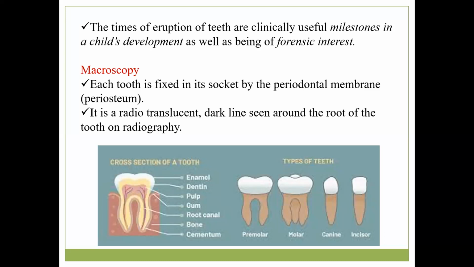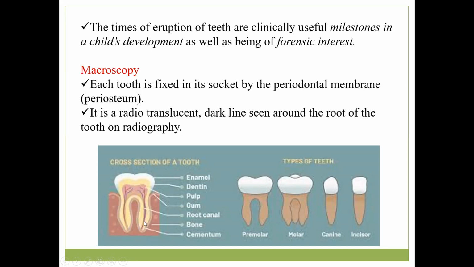So when we talk about the macroscopy of teeth, each tooth is fixed in its socket by the periodontal membrane. It is seen as a radiolucent dark line around the root of the tooth on radiography.